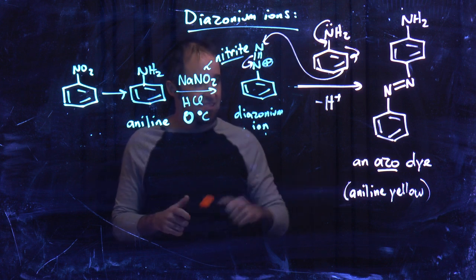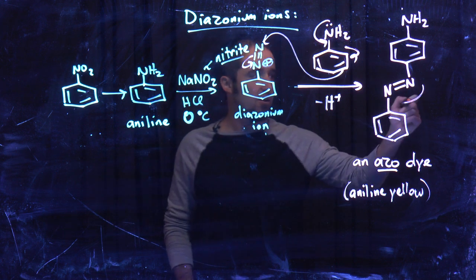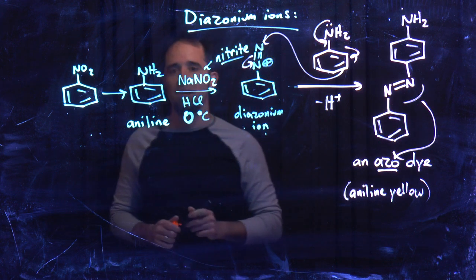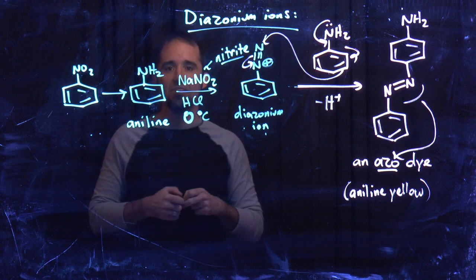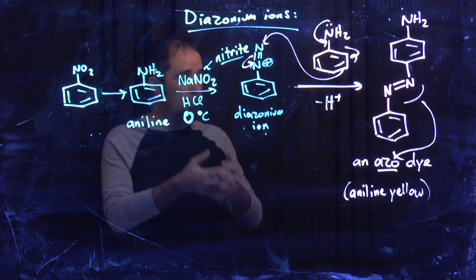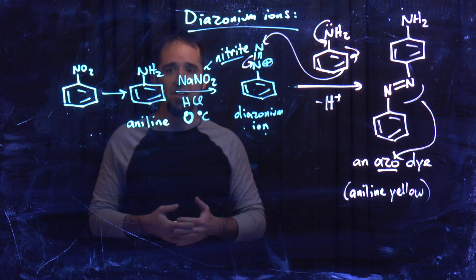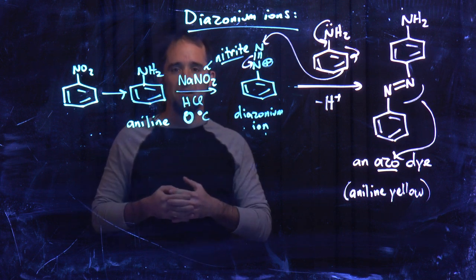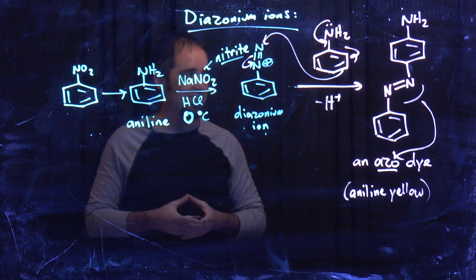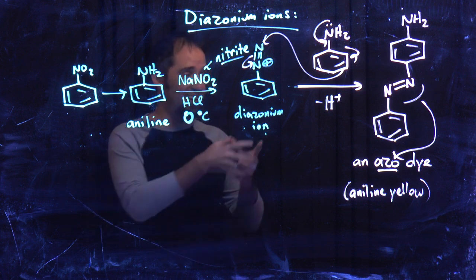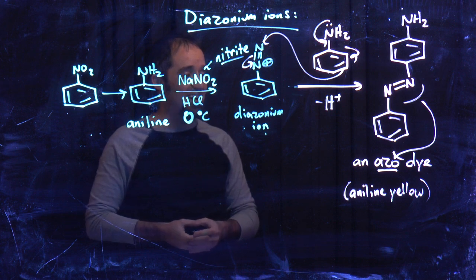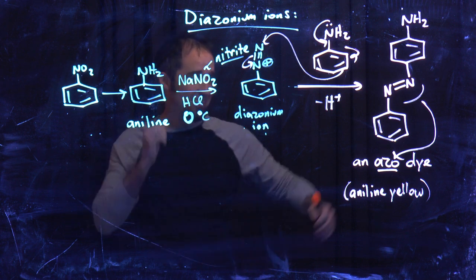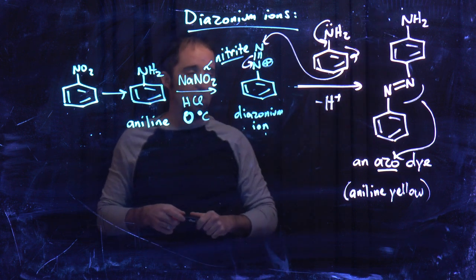So this is an azo dye. This group here, this NN double bond in the middle of a compound, is called an azo linkage. And most artificial dyes are azo dyes, or at least the old-fashioned ones and the ones that we would rather not be eating too much of, but that look really pretty, are generally azo dyes. What makes them colored is this electron delocalization throughout the system.